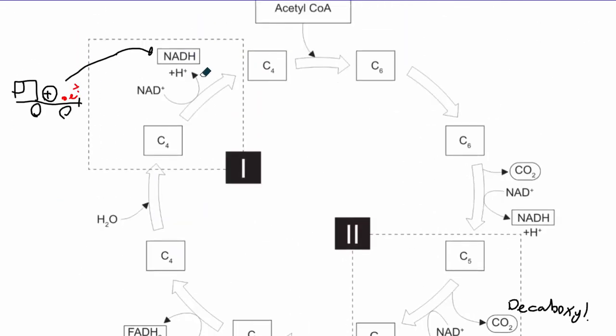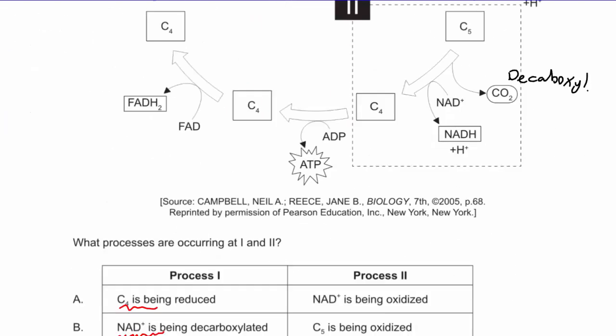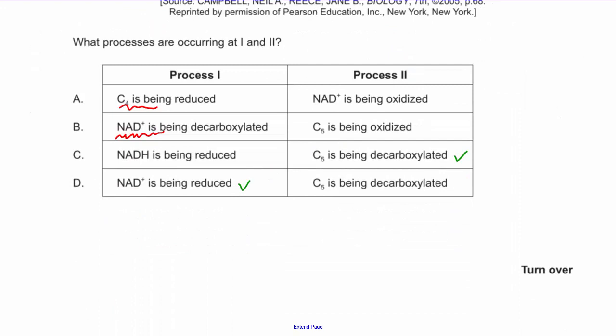If you look here in process 1, actually NADH is formed. So no, there is no reduction of NADH. Sorry, it's the NAD plus that is reduced, okay? Because it's NAD plus that gets the electron. Sorry for my confusion. So it's D that is the correct answer here.